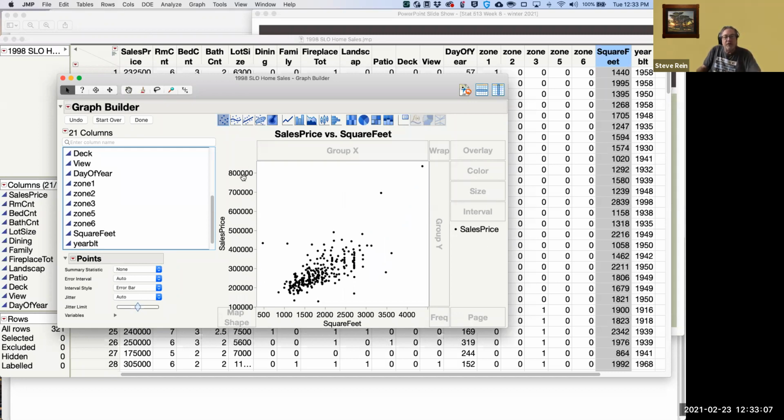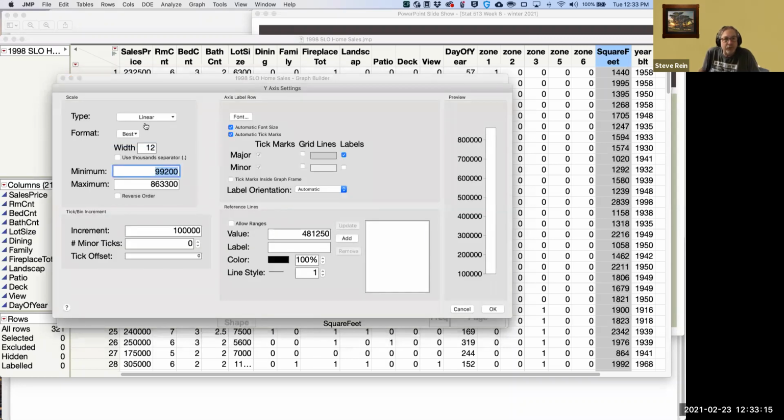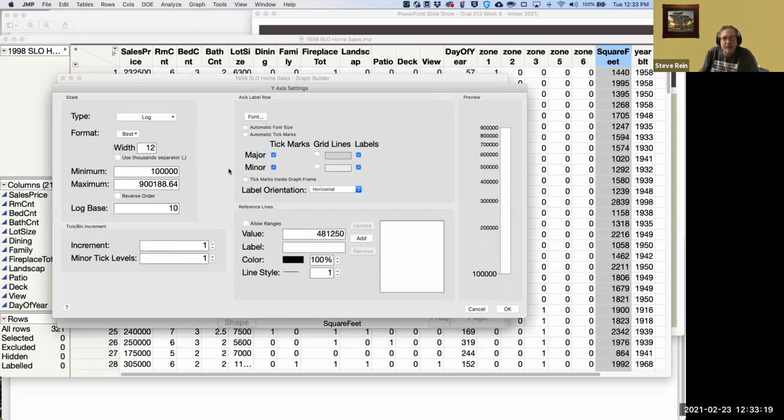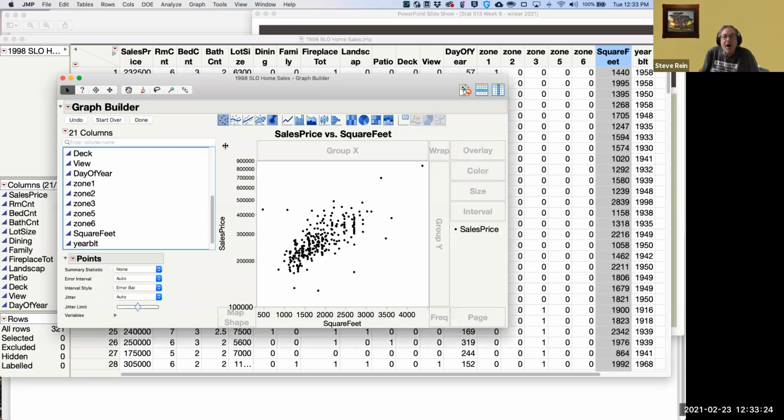If I were to adjust the axis, so it's under axis settings here, instead of a linear, I'm going to try a logarithmic fit. Click OK. I'm just stretching out the y-axis. Does that look closer to linear? And equal spread.